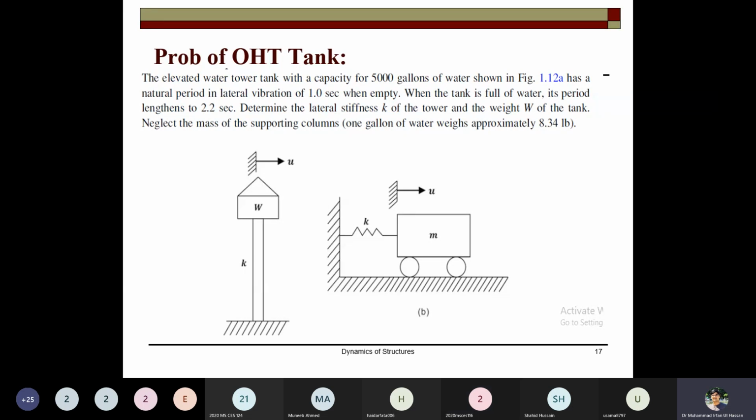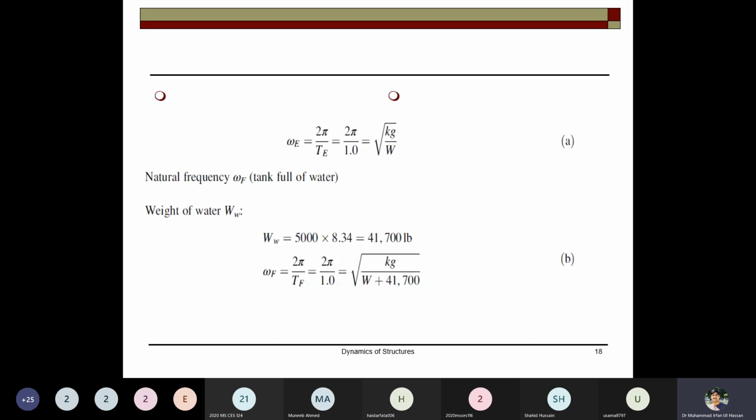There are two cases, one when the tank is empty and one when the tank is full. So when the tank is empty, what will be the frequency? Omega equals 2 pi over Te. The tank is empty, so the stiffness is a material property, but the weight is unknown. So you can write the equation for the empty tank case as omega e equals 2 pi over Te.